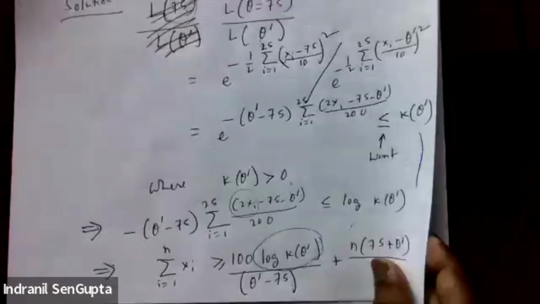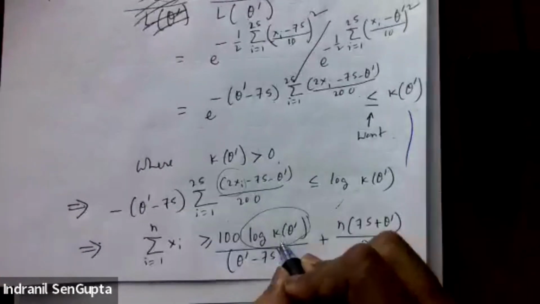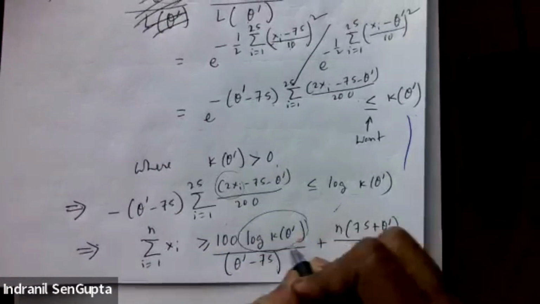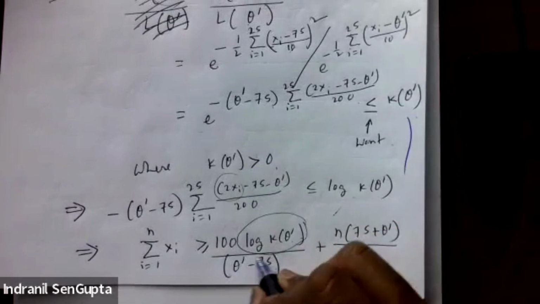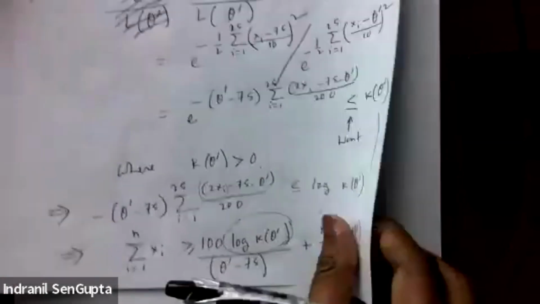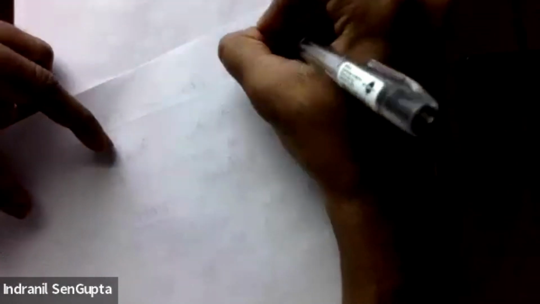But then we can use a common trick. I can take this log of k of theta prime to be, say, e to the this quantity. So choose k of theta prime to be, say, e to the theta prime minus 75. So it's always bigger than 0, right?